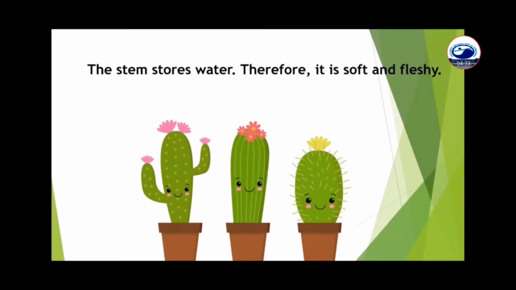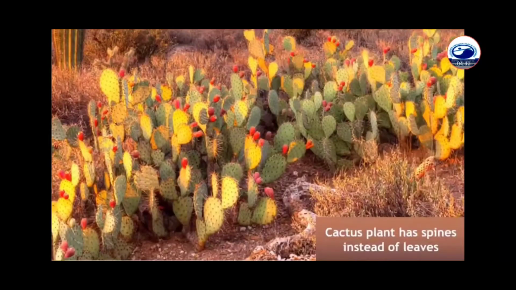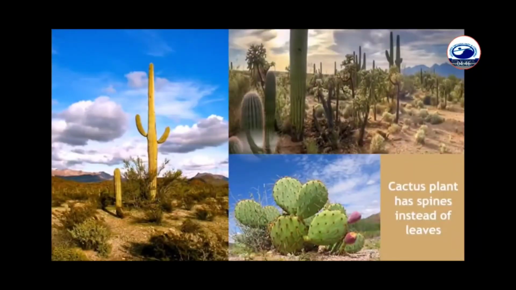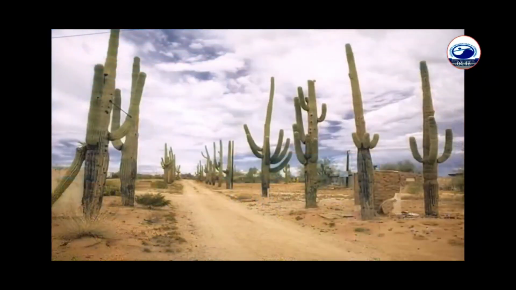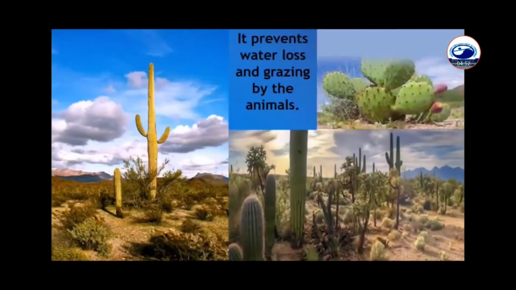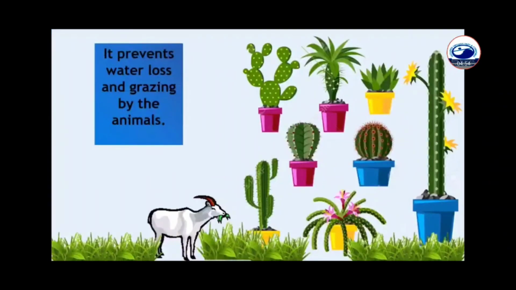The stem stores water. Therefore, it is soft and fleshy. Cactus plant has spines instead of leaves. It prevents water loss and grazing by the animals.